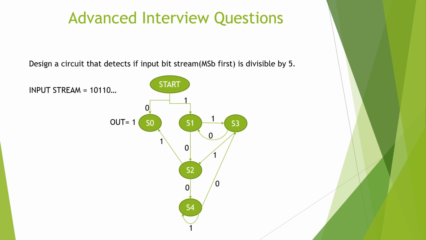So the concept here is, because you're getting the MSB first and the data is streaming 1 bit at a time, whenever you get a new bit, the new bit is either multiplying the old number by 2, or multiplying it by 2 and adding a 1. So if you get a bit 0, that means your old number is multiplied by 2.